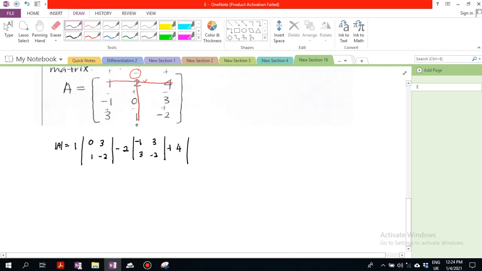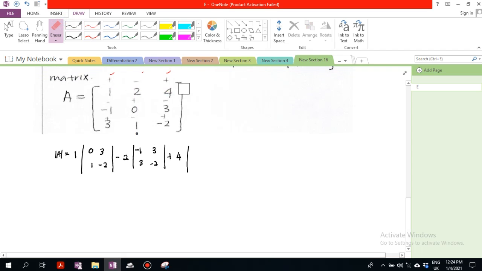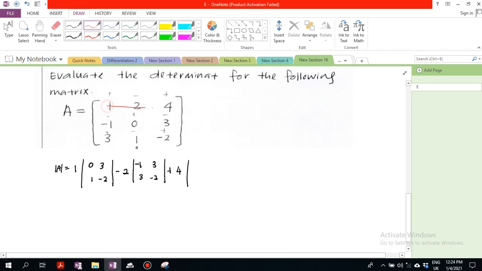We eliminate this row and column, so what remains is negative 1, 0 and 3, 1. Then you can start to calculate. You will have 1 times, in the bracket, 0 times negative 2 is 0, 3 times 1 is 3, so it will be 0 minus 3.